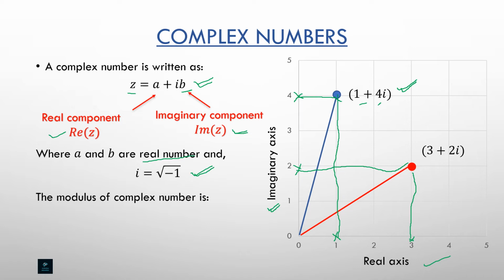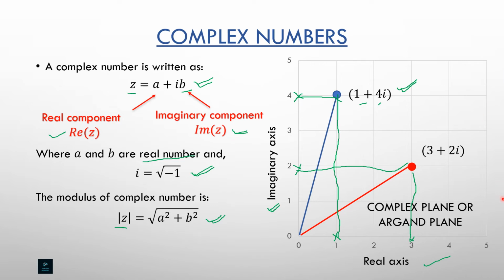Therefore, the modulus of the complex number is equal to square root of a square plus b square. This 2D plane where the complex numbers are located is called the complex plane or the Argand plane.